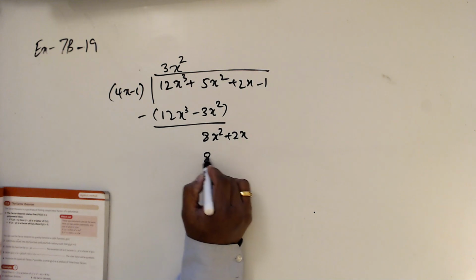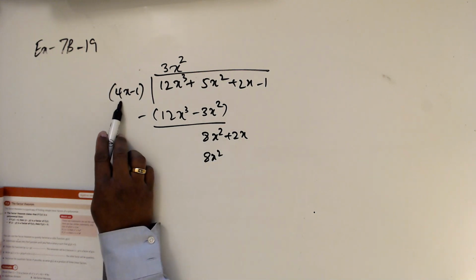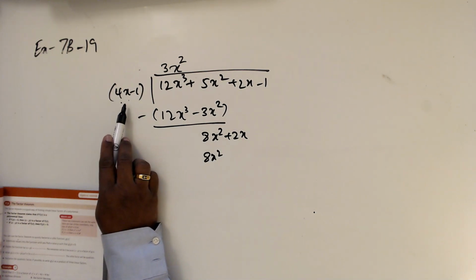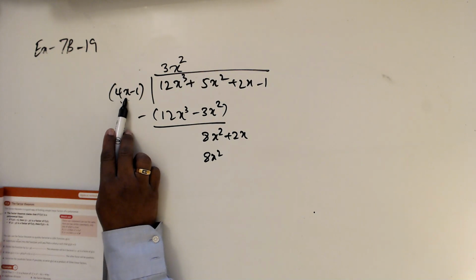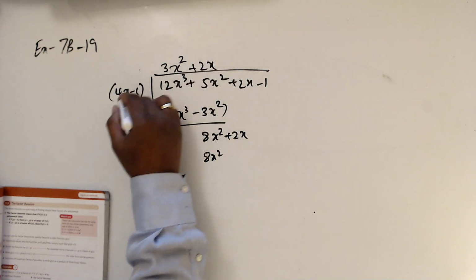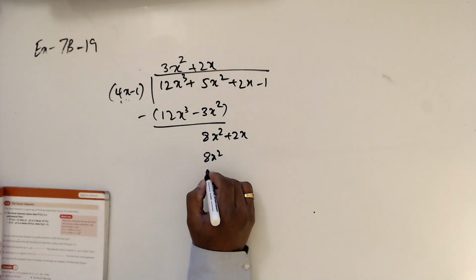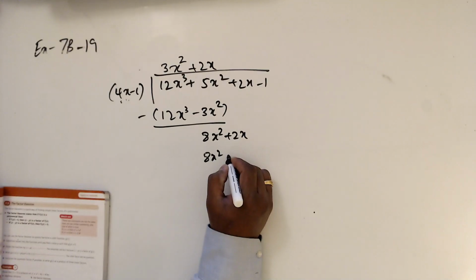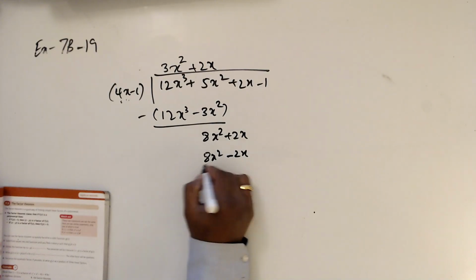Now I want to make 8x square, so 4x has to be multiplied by 2x. So this is going to be 8x square minus 2x.